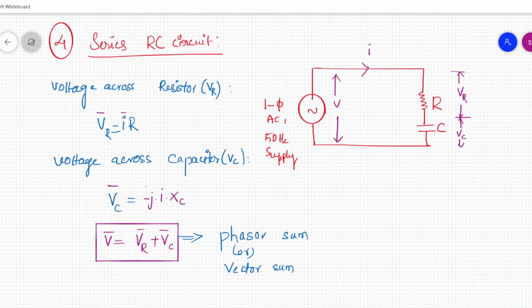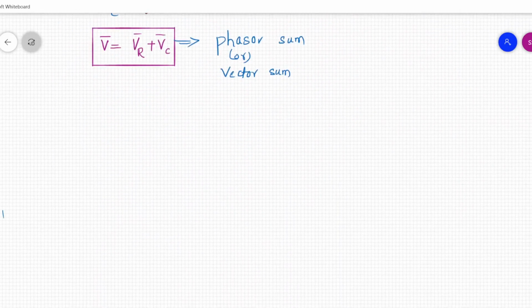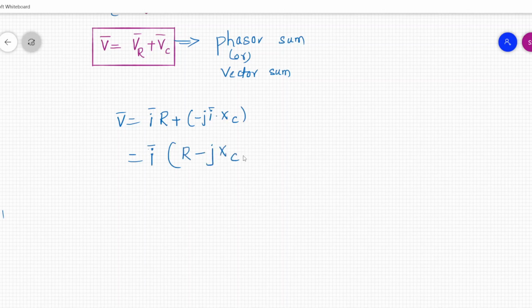Now supply voltage V equals the sum of resistor voltage and capacitor voltage, right? The resistor voltage is I bar into R, plus the capacitor voltage, minus J into I bar into XC. If I take I bar as common, that will be R minus J XC. This is the supply voltage, and it is represented as I bar into Z, where Z is impedance.